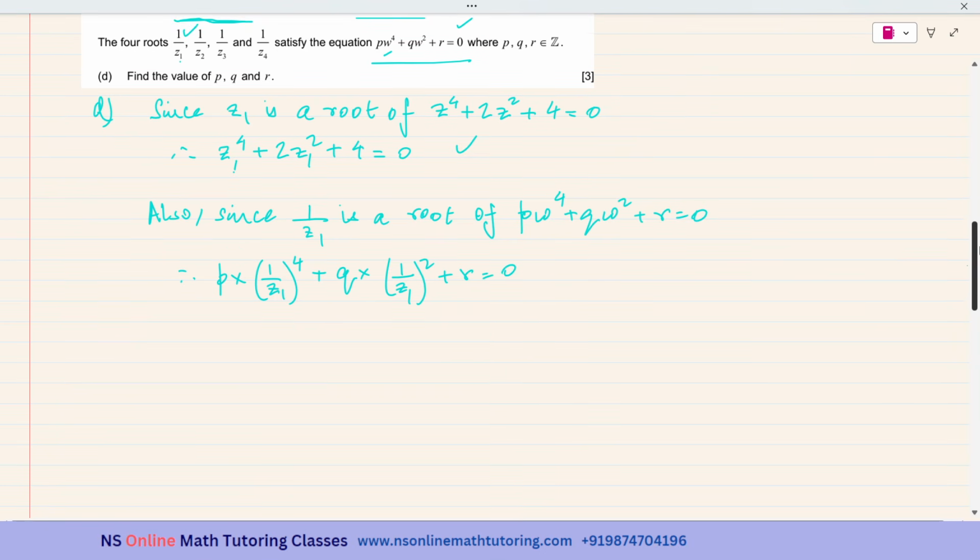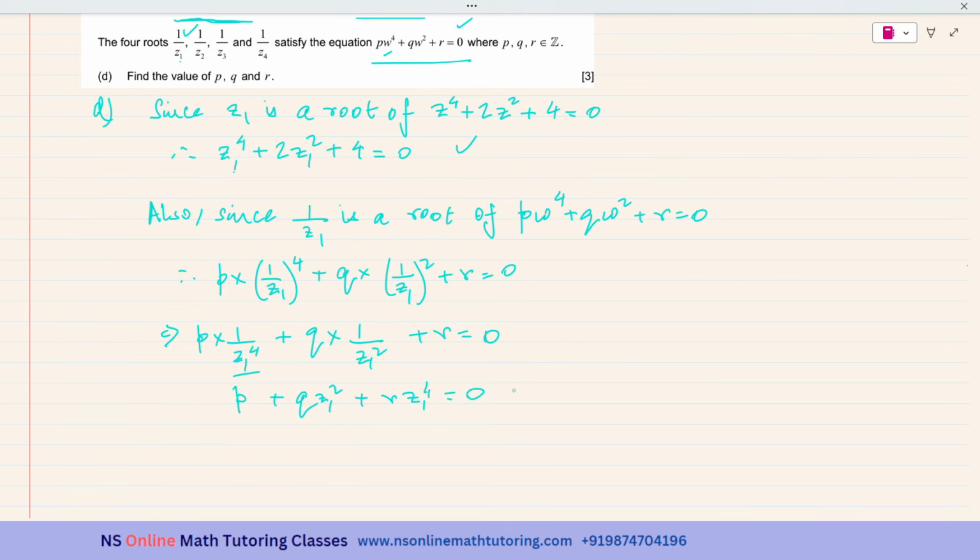Okay. So, therefore, p times 1 over z1 to the power of 4 plus q times 1 over z1 square plus r equal to 0. And now I am multiplying the entire equation by z1 to the power of 4 to get rid of the denominators. So this is equal to p plus q z1 square plus r z1 to the power of 4 equal to 0.